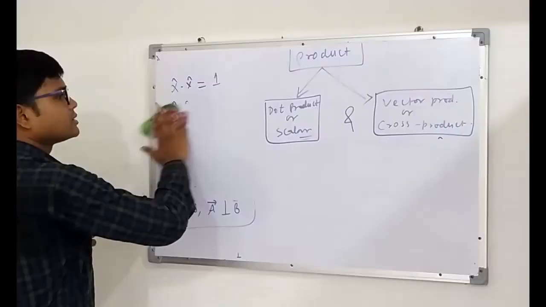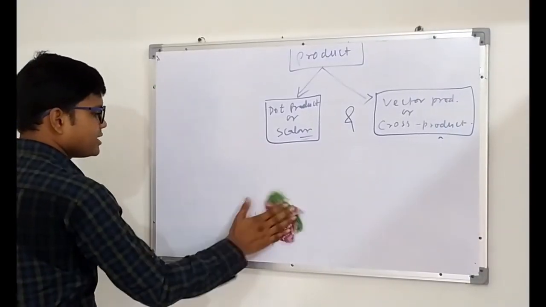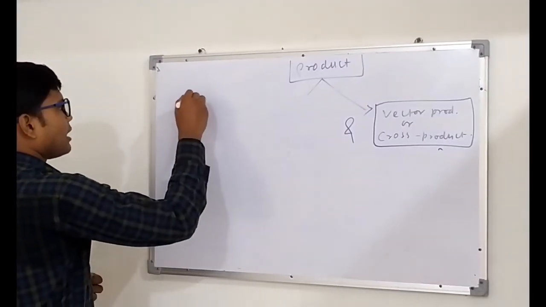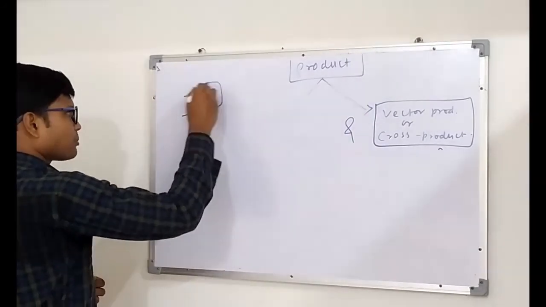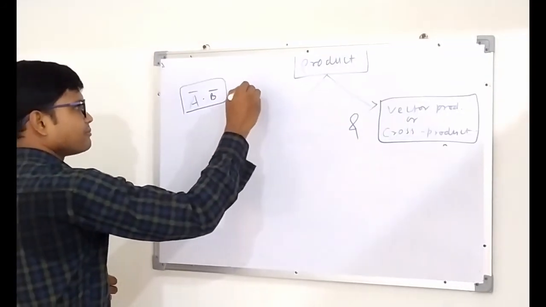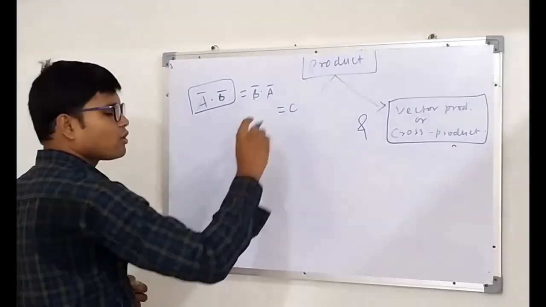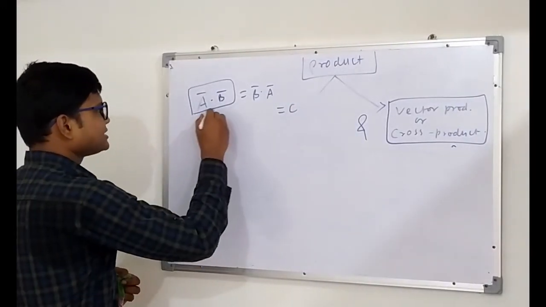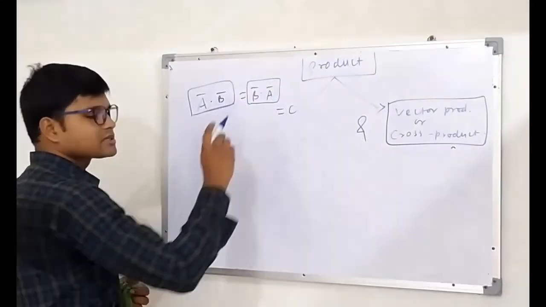Before we move on to a very interesting topic, one more point: if I do this dot product like this or as B dot A, the resultant will be the same because we are talking about a scalar. The scalar will be the same. So we can change the order, but everything remains as it is.